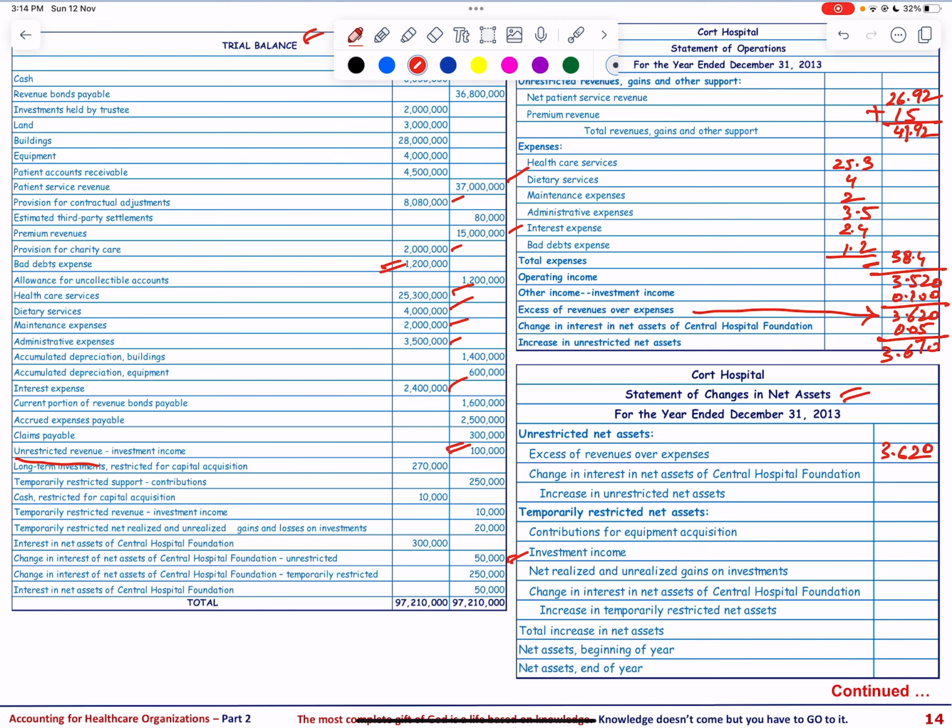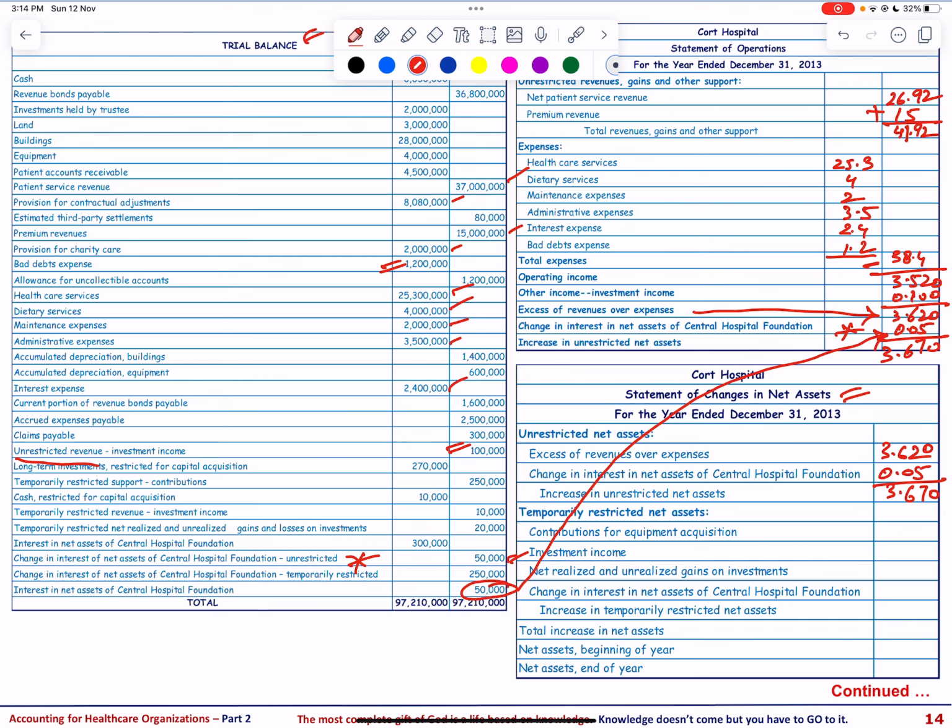Now to this we are going to add the change in interest in net assets. I made a mistake, actually this 0.05 is the interest in net assets. This is over here, and the change in interest is here. They are the same value, 0.05. Okay, so the total is 3,670,000.